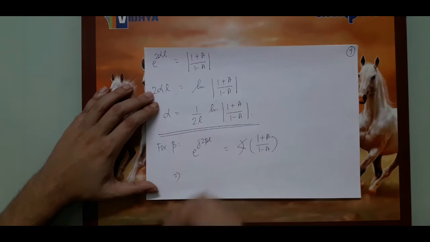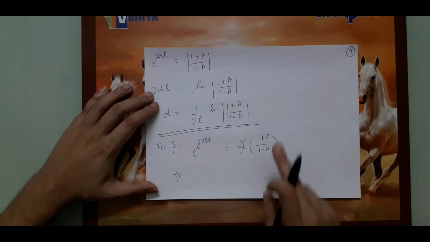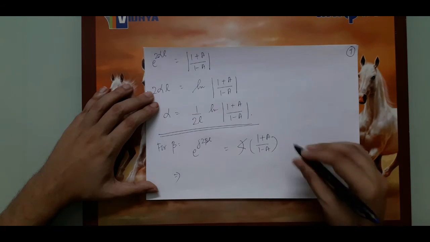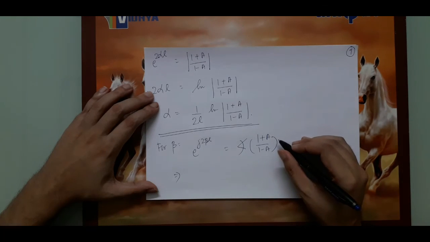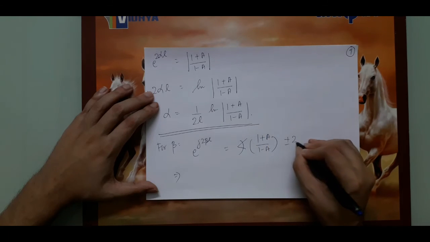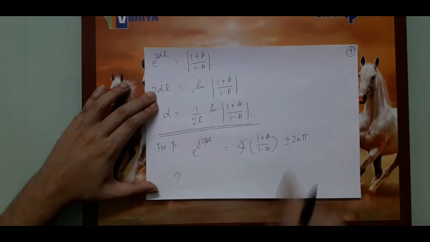So that means the phase is not just the angle which I measure out of my calculator, but this angle can repeat after every even multiple of pi, because I am taking an inverse of some trigonometric function. So therefore this will always be there.